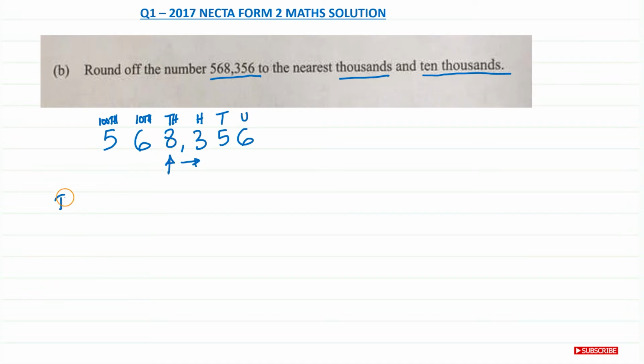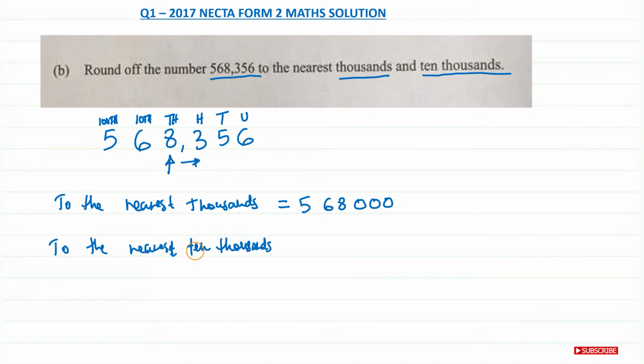So to the nearest 1,000, this number is going to be 5, 6, 8, and then the rest become zeros. So it's going to be 568,000.